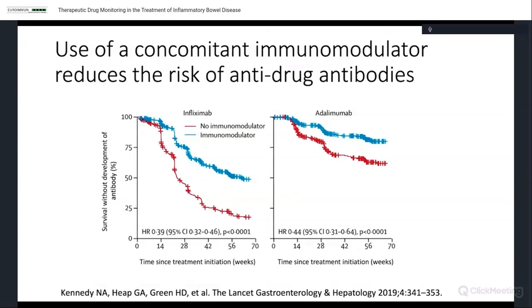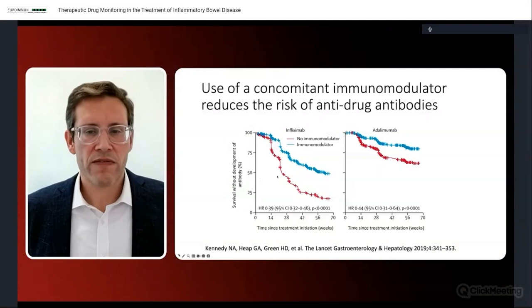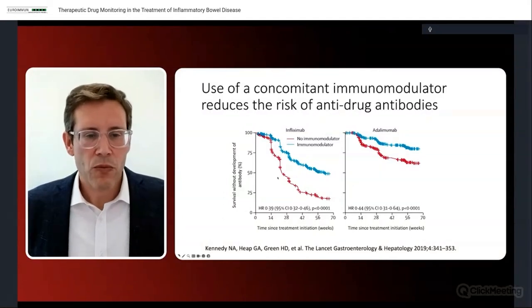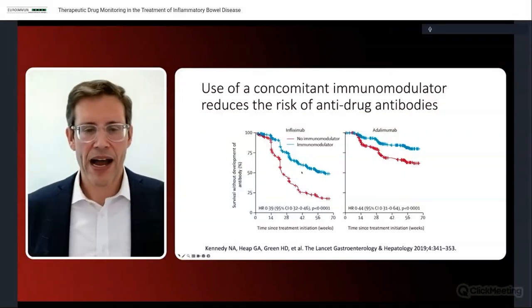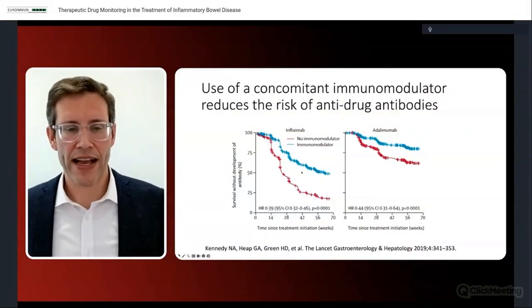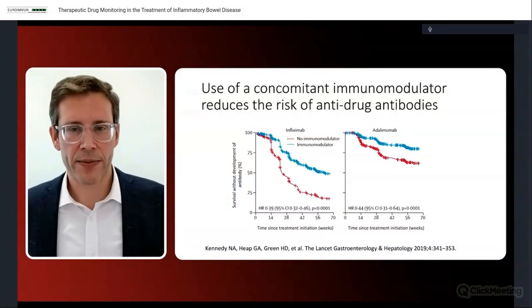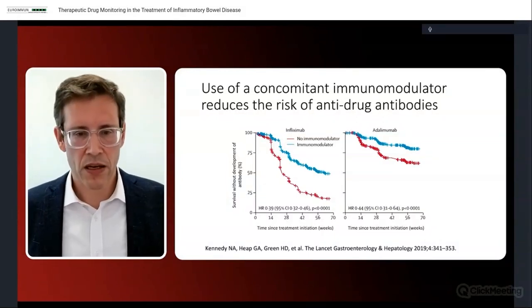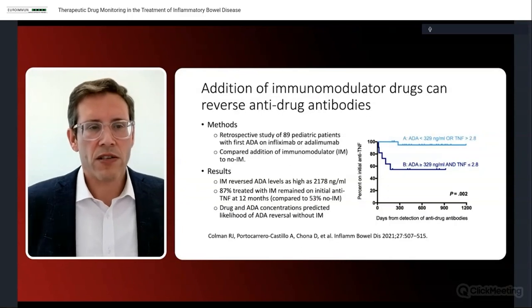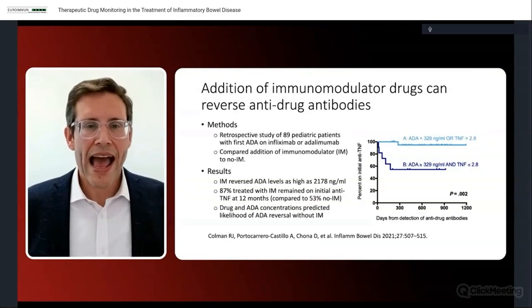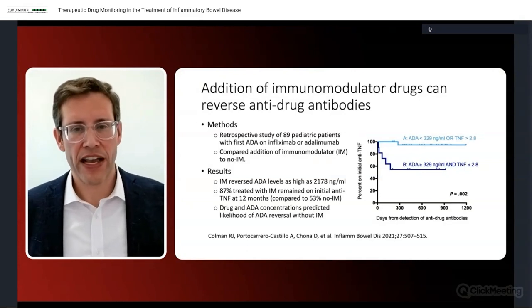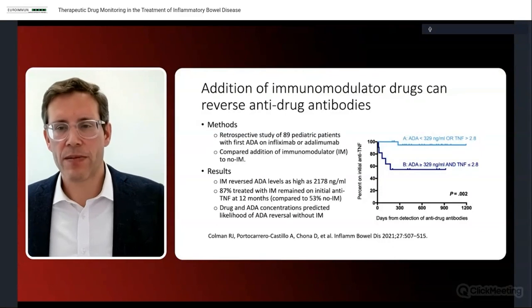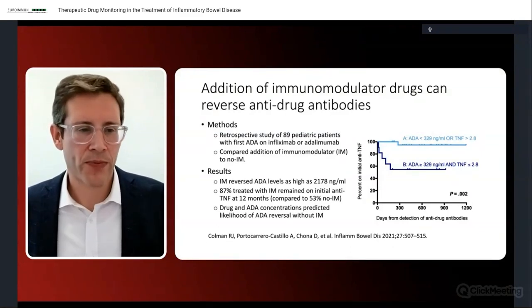And so again, this is data from that prospective PANTS study, and it shows that for both infliximab and adalimumab, when patients used an immune modulator drug in addition to the anti-TNF biologic, it reduced the risk of antibody development significantly. What we've also learned is that one can add an immune modulator drug after the development of anti-drug antibodies and oftentimes be able to reverse those antibodies.